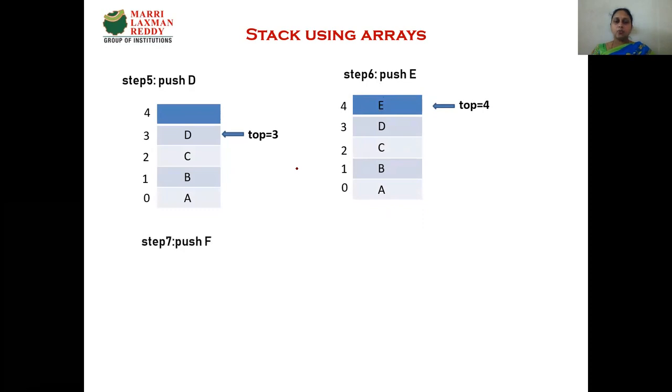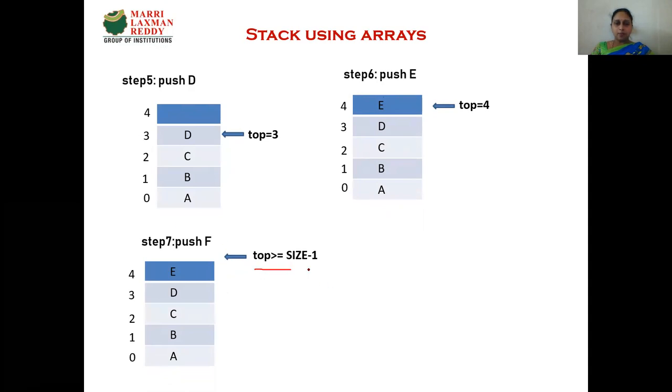If I want to push one more element, that is F, in this case you don't find space for inserting F into the stack. Top will be incremented and checked with the condition top is greater than or equal to size minus 1.